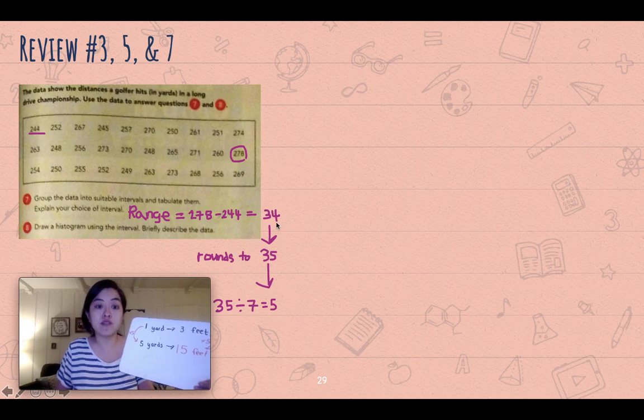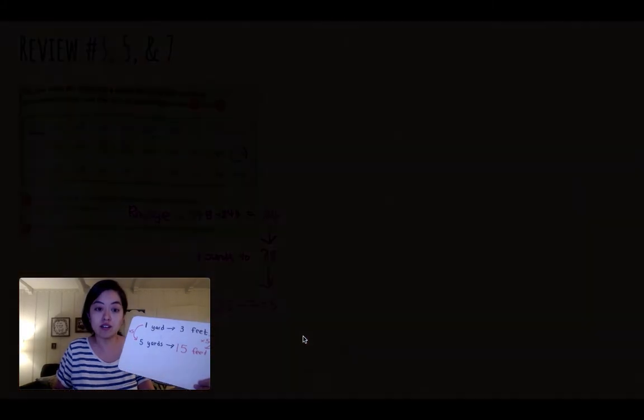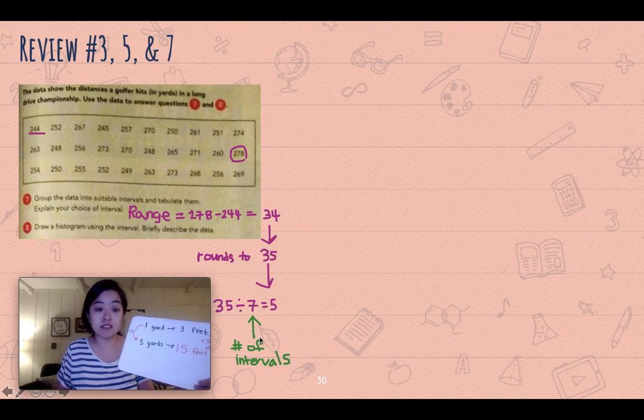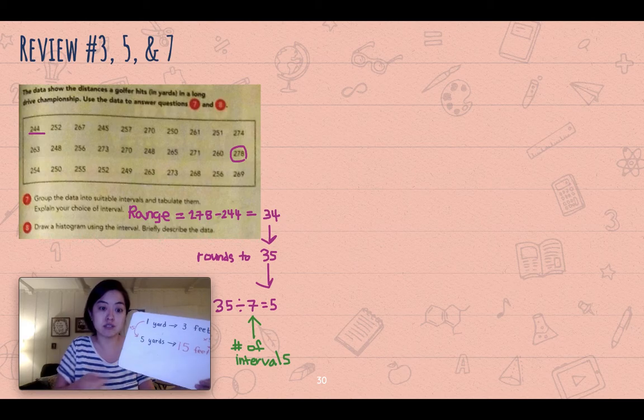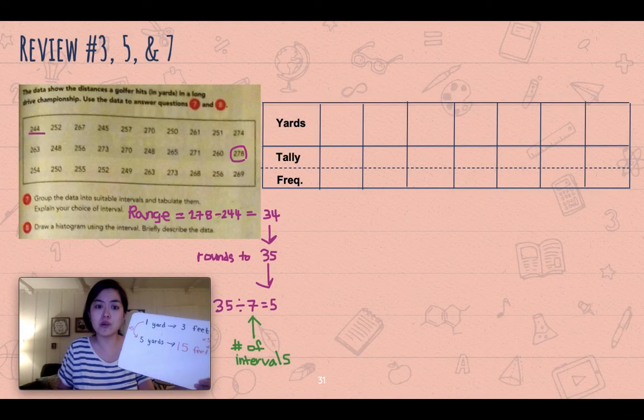Okay, so if I round 34 up to 35, then I see that 35 divided by 7, which is the number of intervals, means each interval can span 5. 5 pieces of data, which is just like 5 yards.